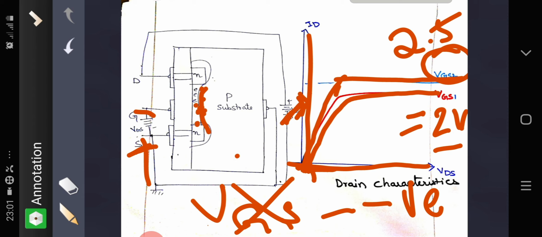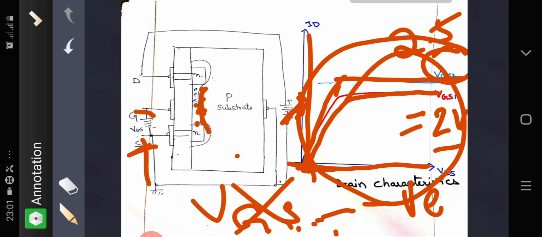If no channel is formed, there will be no current flowing from source to drain. That's why we only take the case VGS equal to 0, where there is no current, and VGS positive above threshold, keeps increasing, and check the characteristics. These characteristics of the MOSFET are called drain characteristics. Thank you.